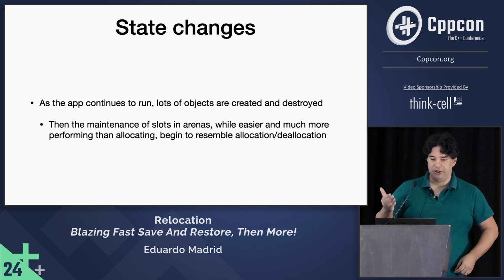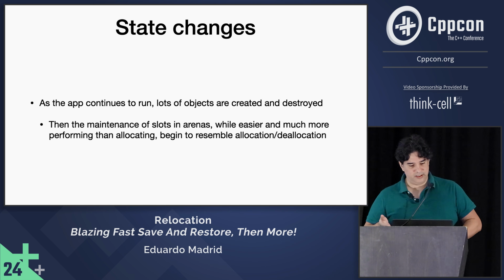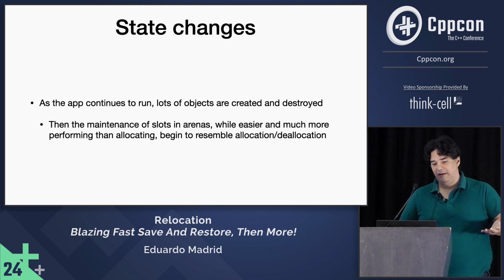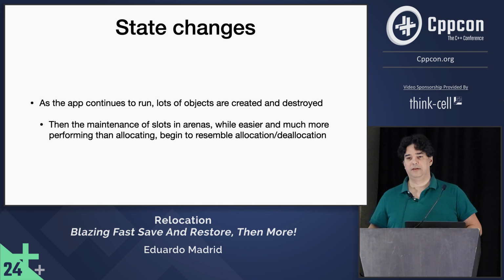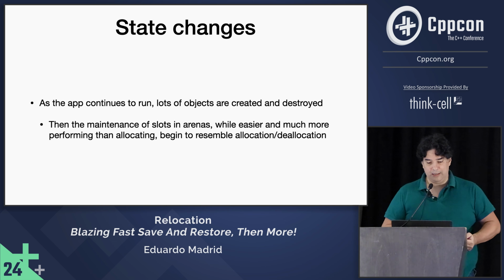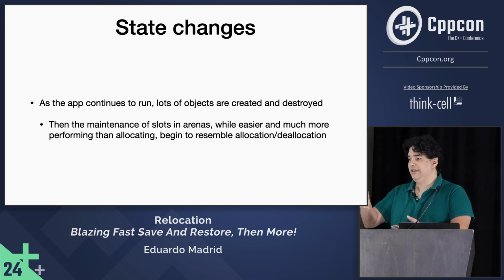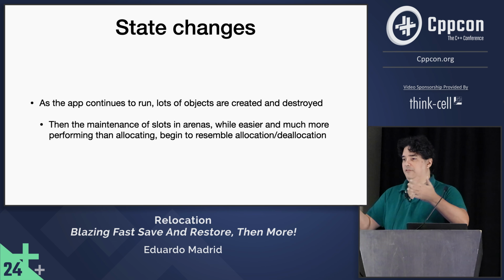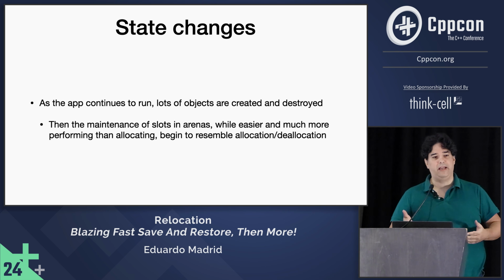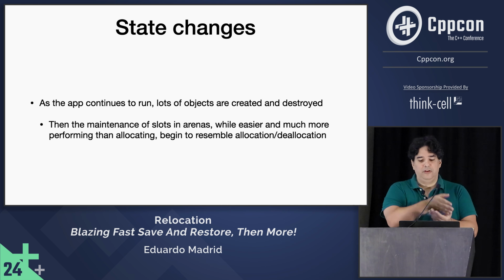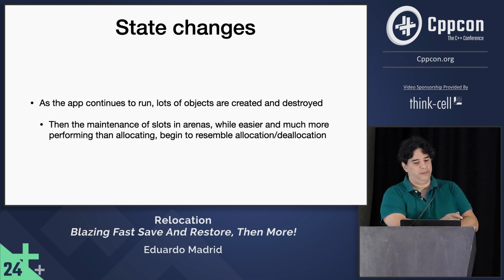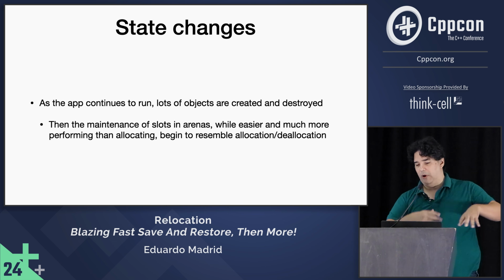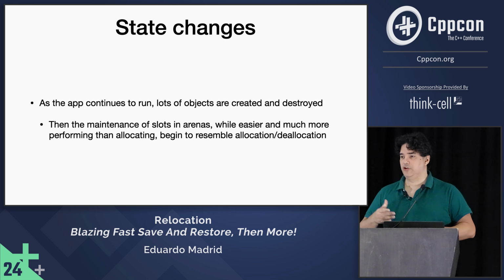So I just got a question that implied state changes. As the application continues to run, lots of objects are created and destroyed, obviously. And then the maintenance of the slots in the arenas, in these spaces that have structures of arrays, will begin to have holes in them, will experience the problems of fragmentation, and the whole thing will resemble allocation of the allocation.